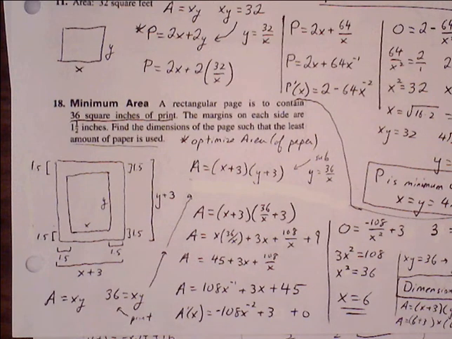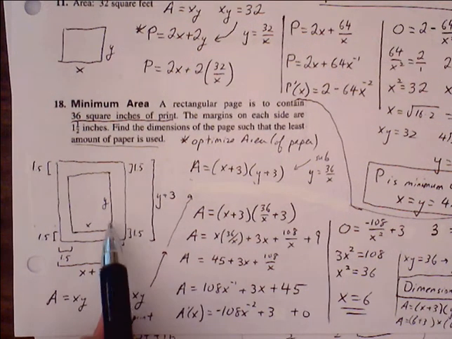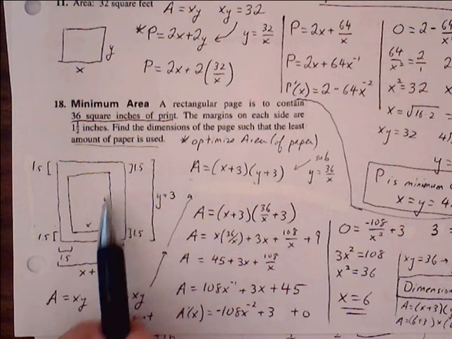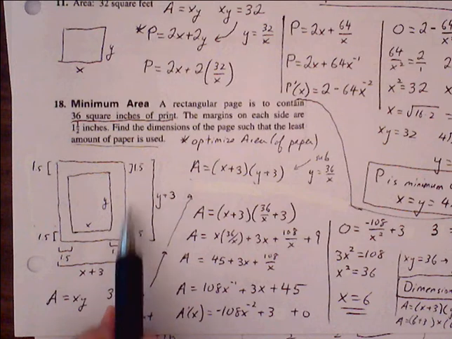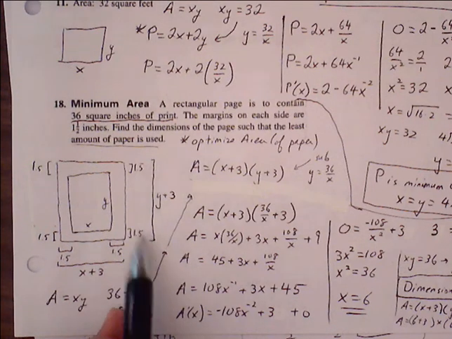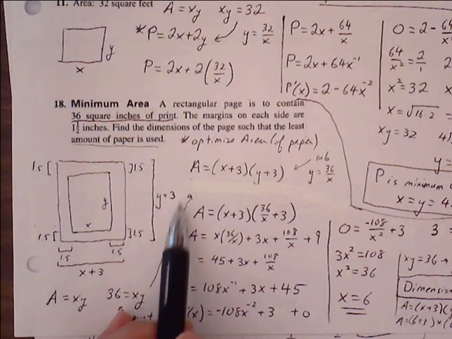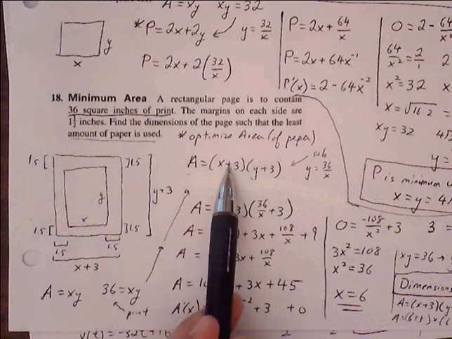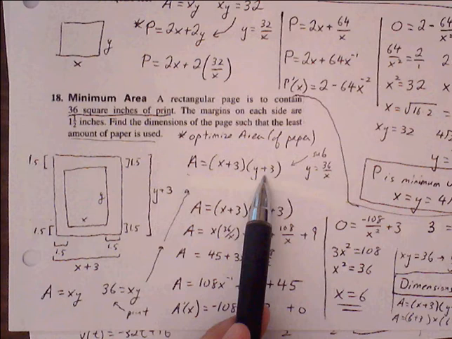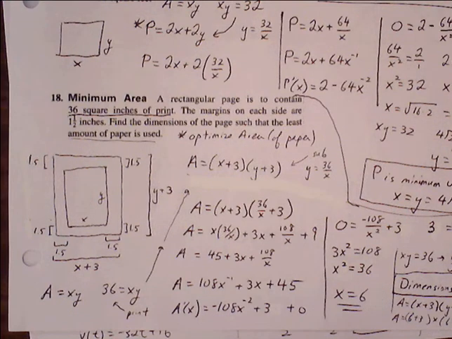So the horizontal length of this piece of paper is x plus 3, and then the text vertically is y, and then the border is 1.5 and the other border is 1.5. So if I add the 1.5s together, I get 3. 3 plus y is y plus 3. So the area of this rectangular sheet of paper can be represented as x plus 3 times y plus 3.